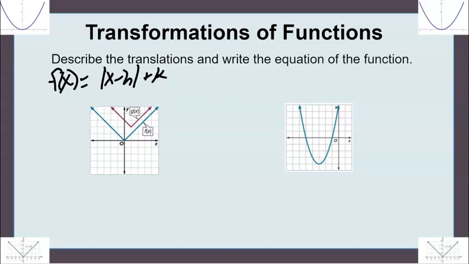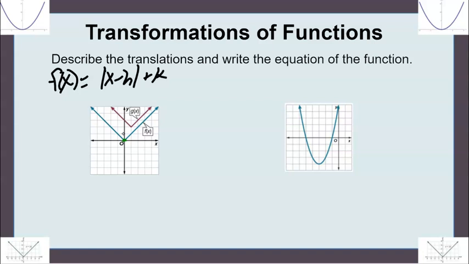So in our example here, we're going to focus in on our vertex. So the blue function f of x is our parent function. So the parent function has the vertex at 0, 0. We want to know how did it move to the purple, which is our g of x.